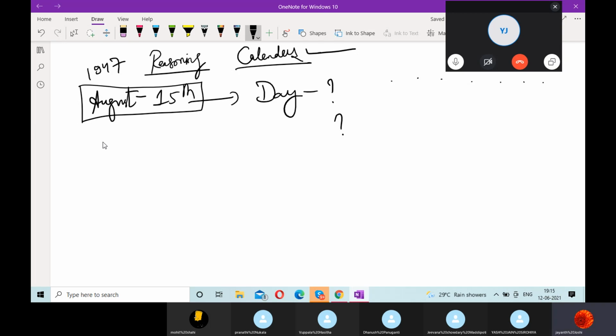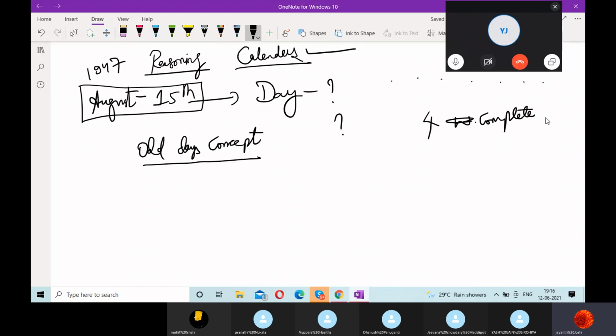First, you should know the odd days concept. What is this odd days concept? The odd days concept is very simple. In a month, there are how many weeks? 4 complete weeks, correct? If I say 28 days in a month make 4 weeks, that is absolutely right.